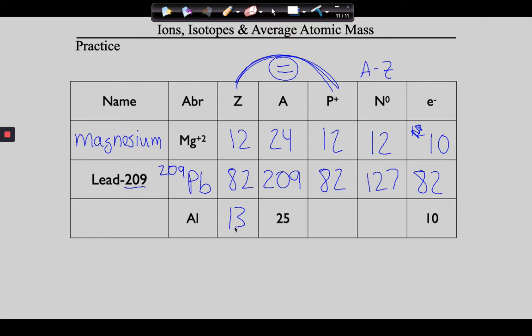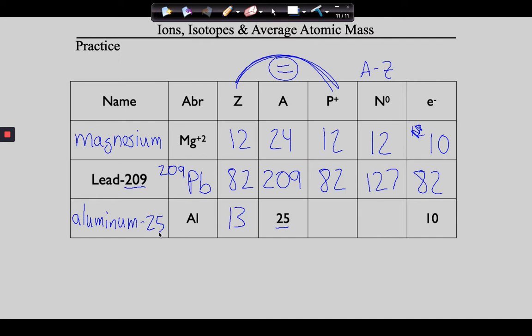But you're going, wait a minute, it says right here the mass is 25. Yeah, so what it's telling you is look at an isotope other than the average. And guys, when it does that, all sorts of things happen. So first of all, this is aluminum, but it's aluminum with a mass of 25.